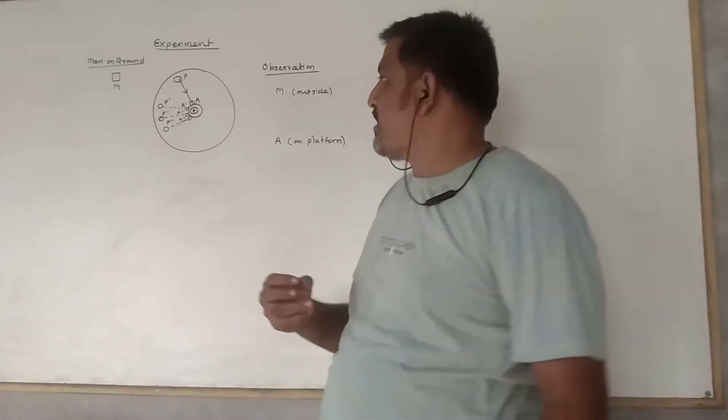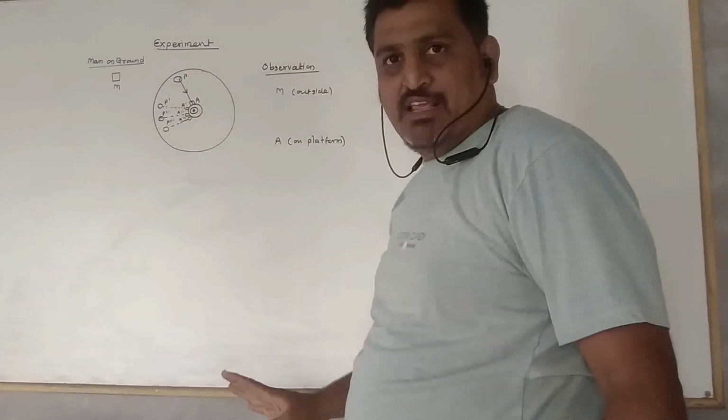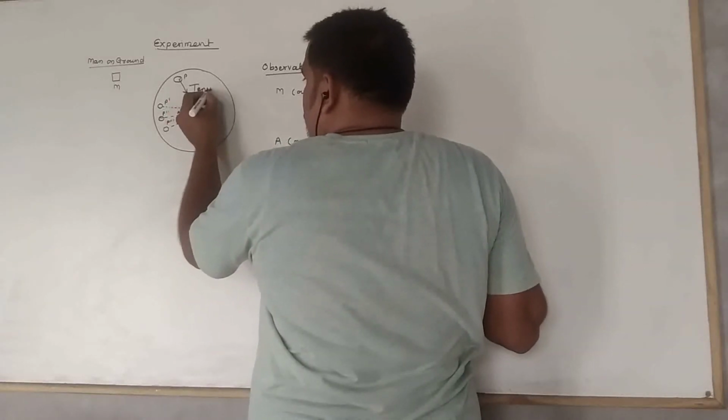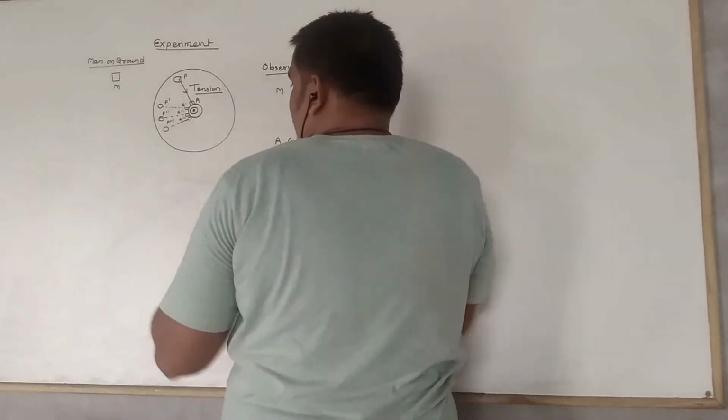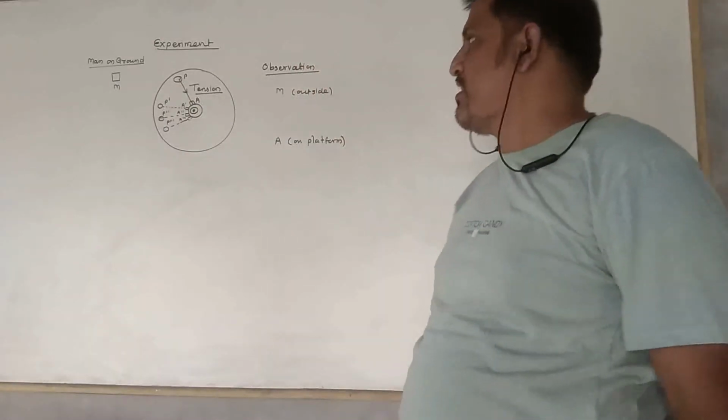The position of the ball is at P and the person is at A, and due to the tension in the string, the ball is in a straighter way, right? Due to the tension the string becomes completely straight.